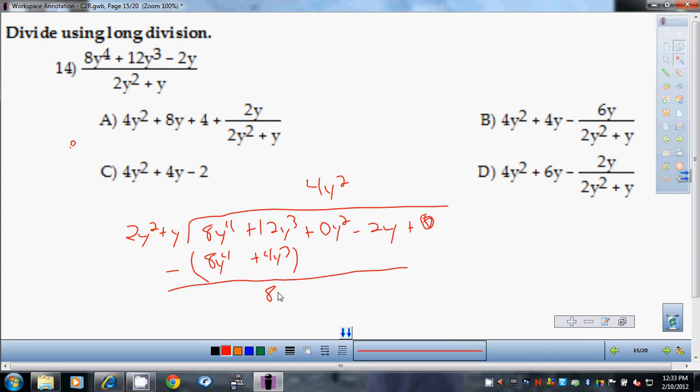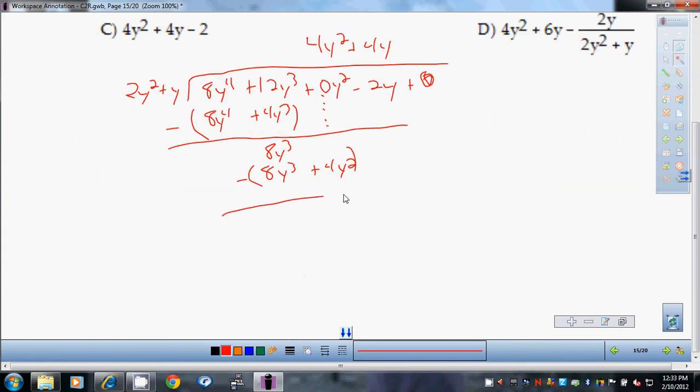So was it 8y cubed? Nothing really comes down, it's just a 0. So this divided by this, 4y. Multiply that back through. That's 0. That's 0.